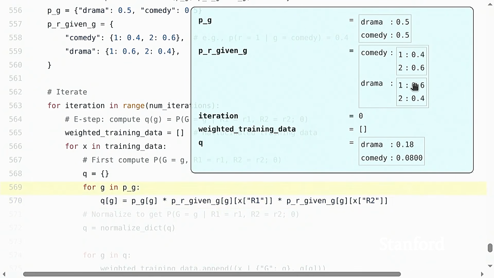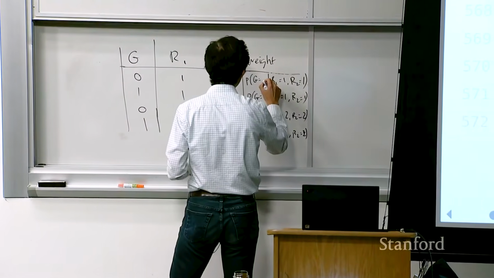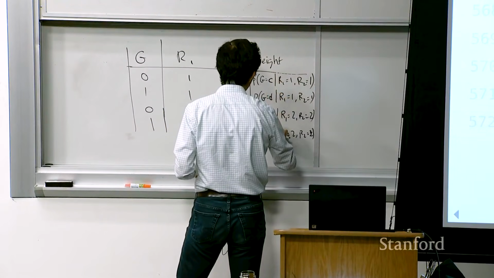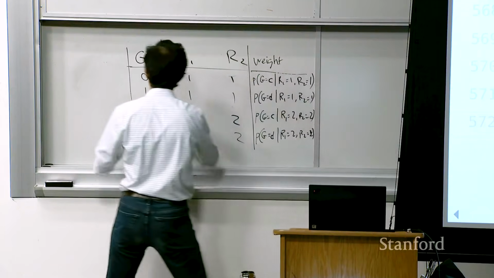And then I normalize. So basically here, this is my guess based on these parameters for the first data point, 1, 1. Let me make this comedy and drama for consistency.